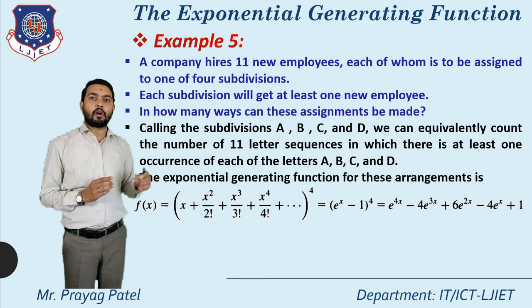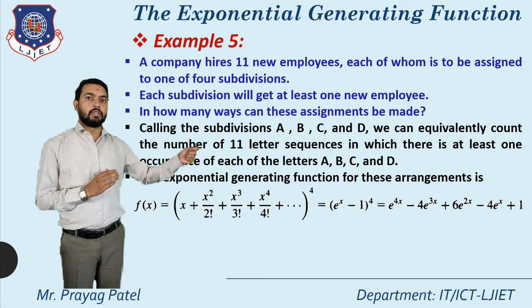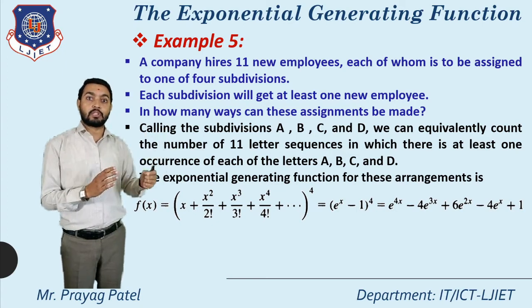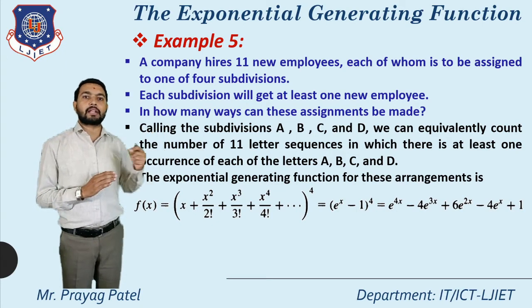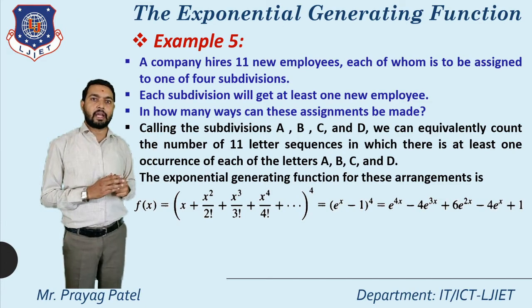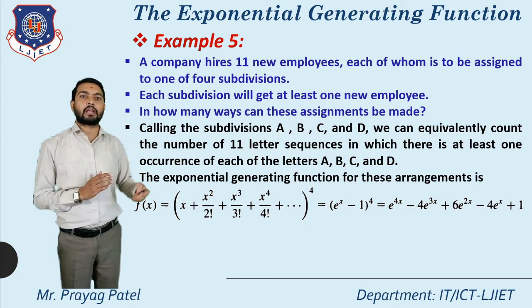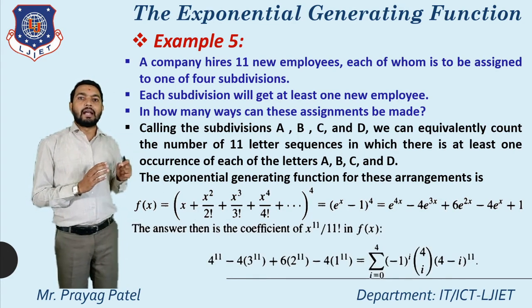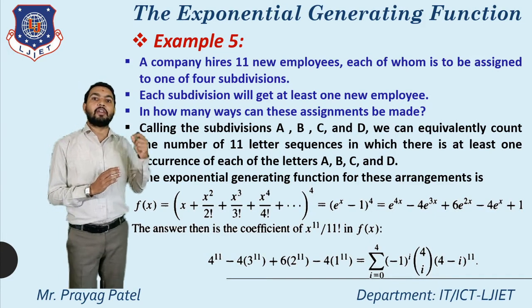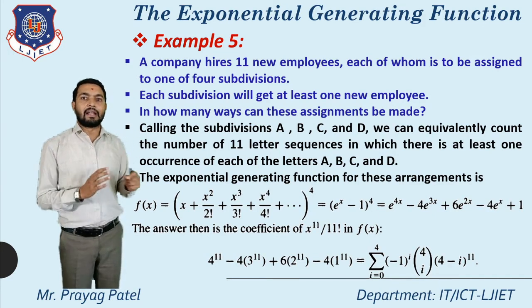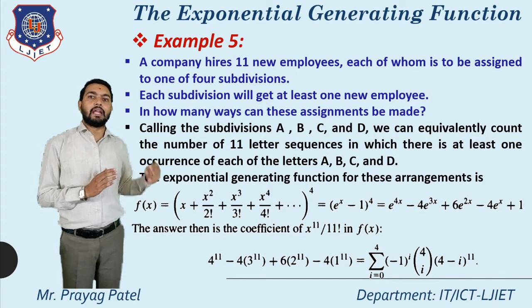So we consider this form as e raised to x minus 1, and overall we use this term 4 times. So we write e raised to x minus 1, raised to 4, is equal to e raised to 4x minus 4e raised to 3x plus 6e raised to 2x minus 4e raised to x plus 1. Now the answer is the coefficient of x raised to 11 divided by 11 factorial.